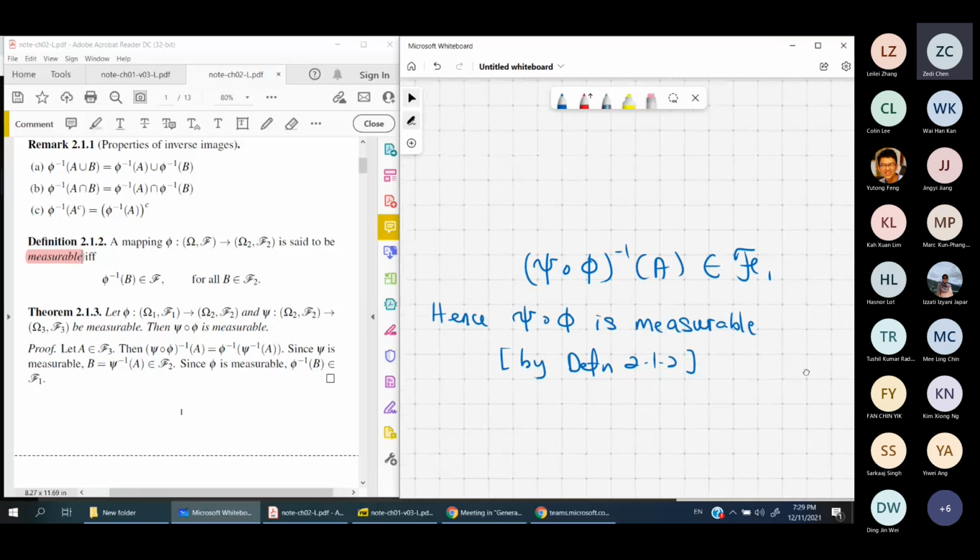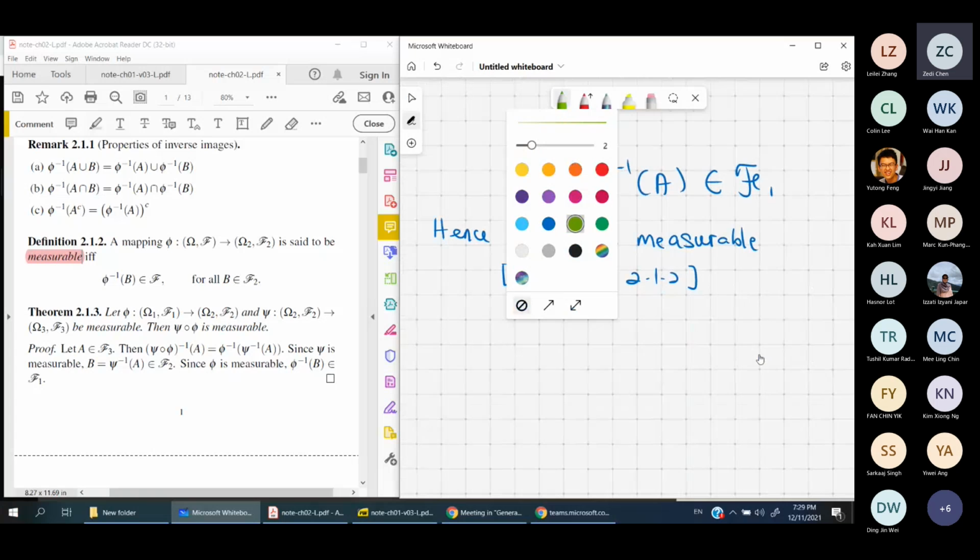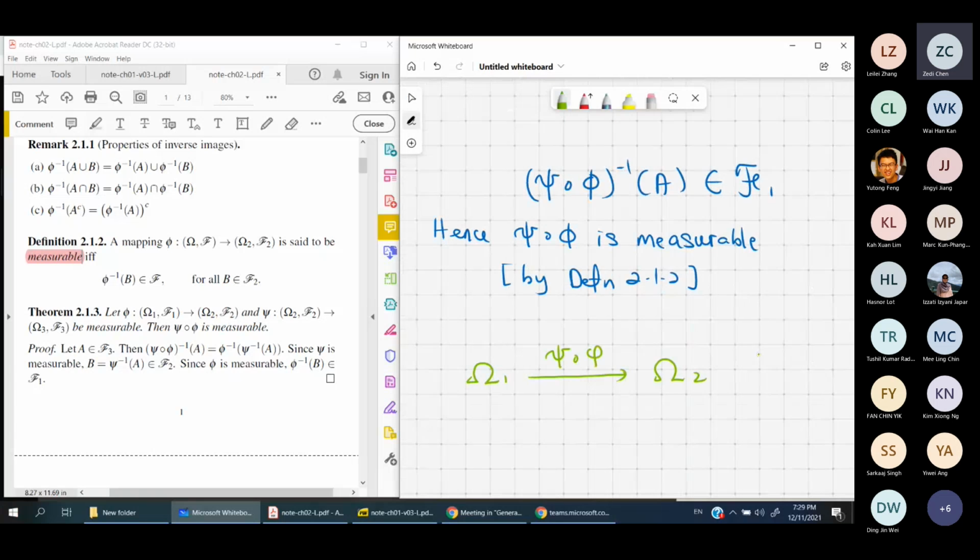Okay, so the idea is like this. Maybe I give you a picture. Now we have omega 1 to omega 3. After the combination, this will be from omega 1, F1 together with F3 here. So in order to show that this function is a measurable function, you have to pull all the events here back to an event here.